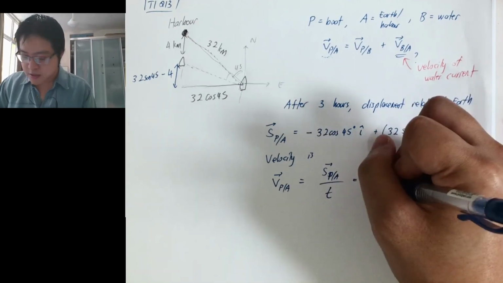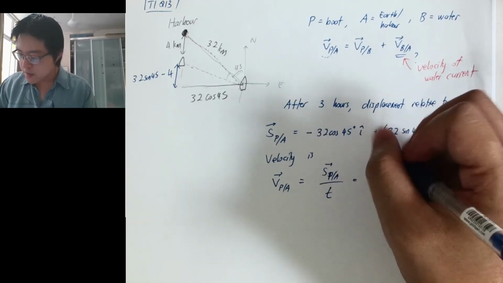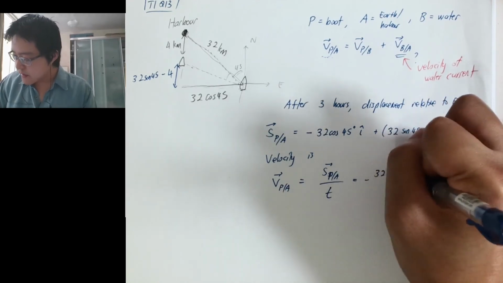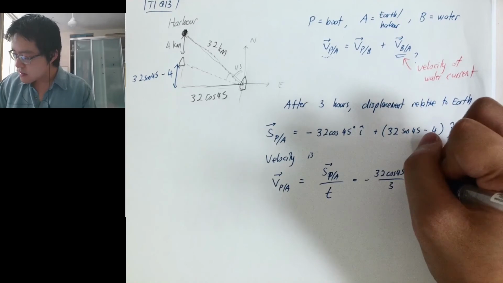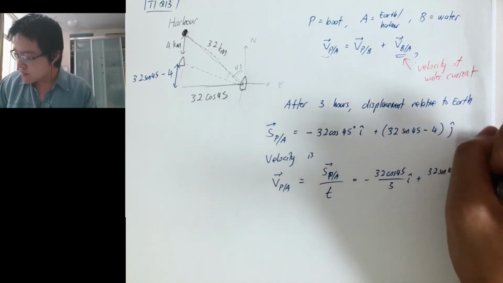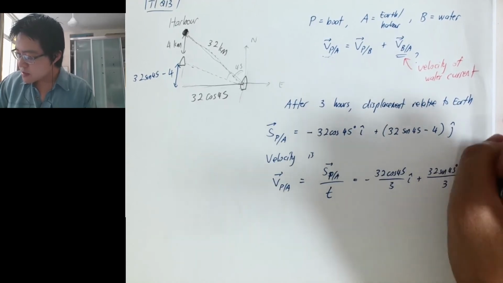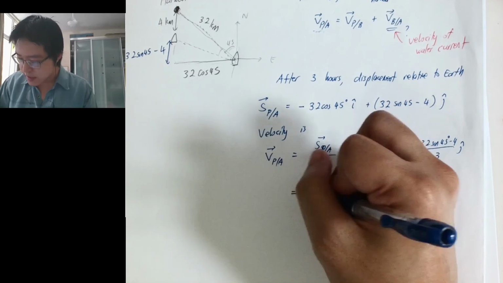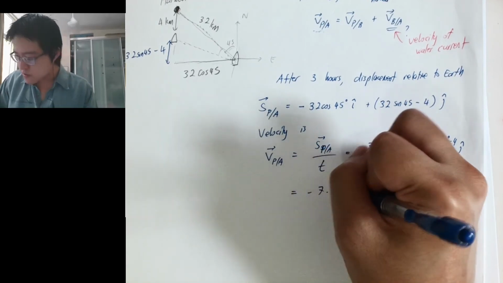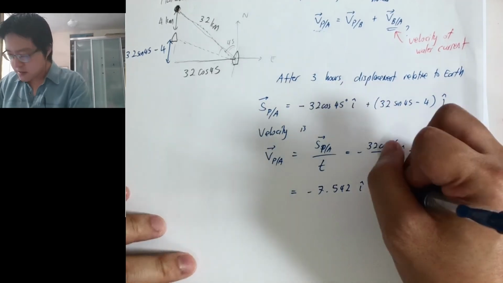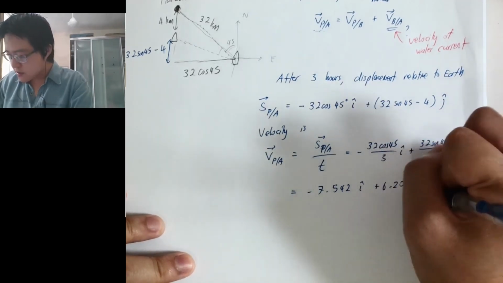Let's write 32 cos 45 over 3 hours i, and 32 sine 45 minus 4 over 3 hours j. If I work out the numbers correctly, I should get 7.542 i, and this number is 6.029 j.